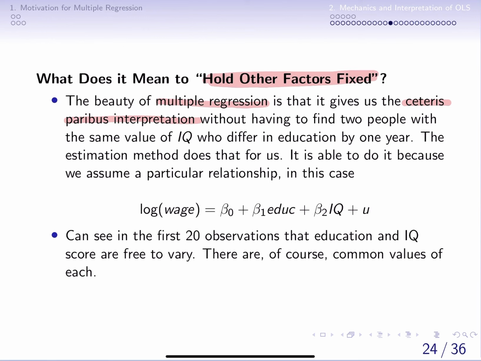We can basically control for IQ, and the way we will interpret beta 1 is the return to education, holding IQ constant for all the cross-sectional units in our sample.